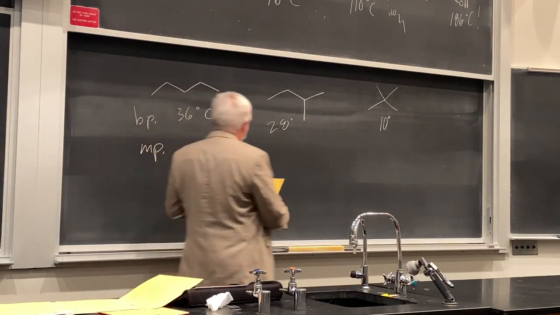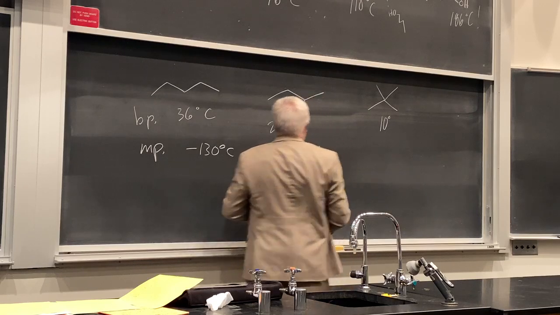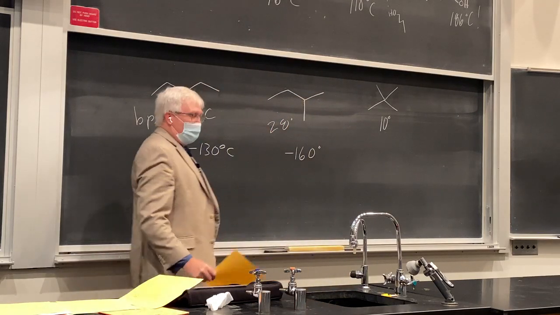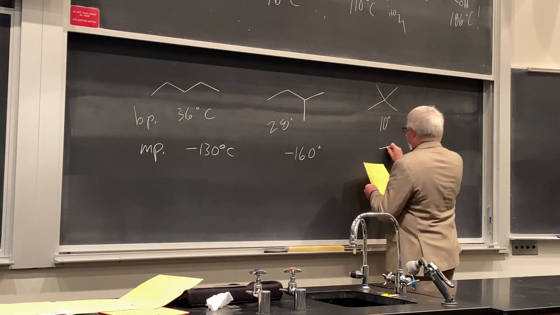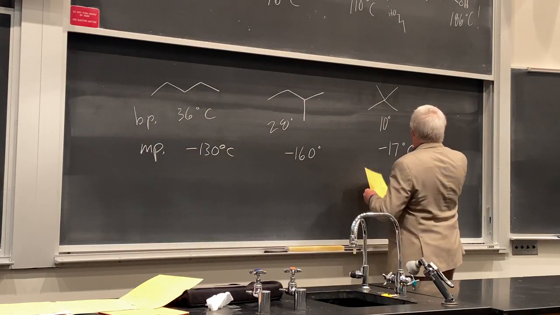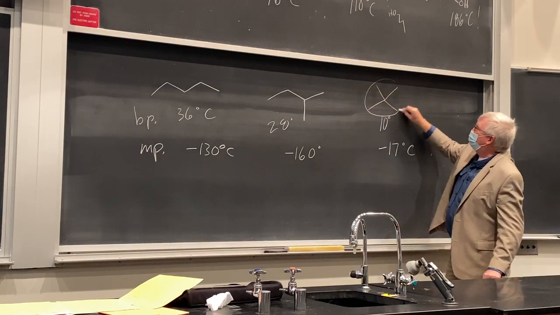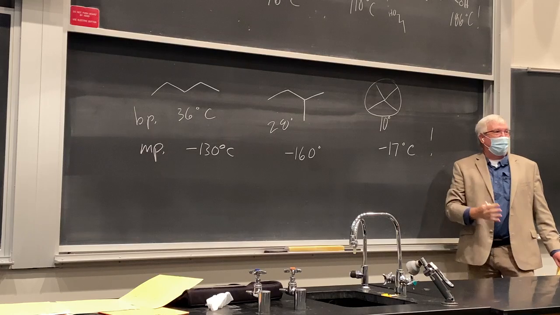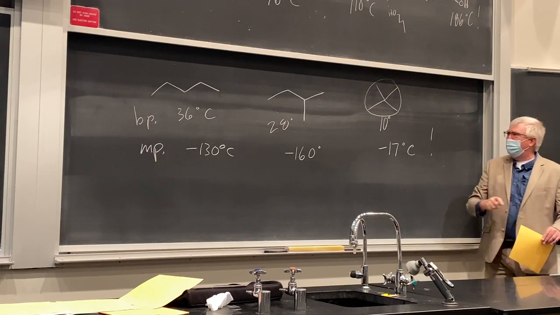And then right here, this one, minus 160. And that kind of fits. It's a lower melting point because of the branching. But watch out here. Neopentane, minus 17 degrees. And that's because of the symmetry. This one is spherical, it's ball-shaped, so in the solid state, it can pack more efficiently and make better use of the volume in the solid state.